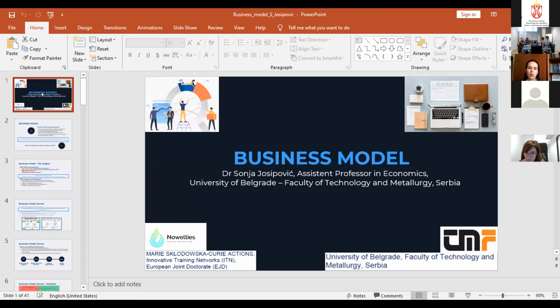We talked about key resources, key activities, and key partnerships, which are necessary in order to create and deliver our value proposition to the identified customer segments. And we finished our presentation with the cost structure, in order to answer the question, how much will it cost to run this business model?